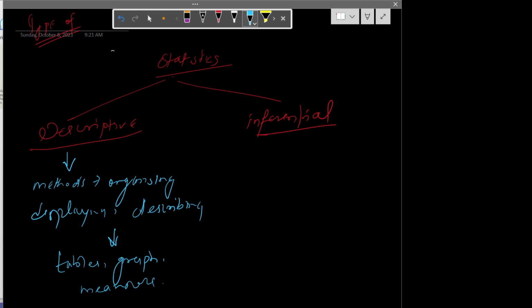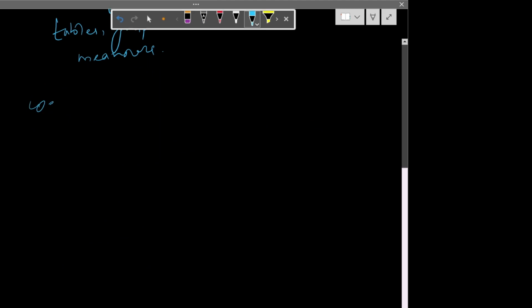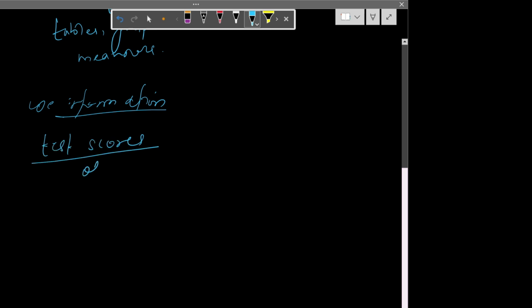So let's understand descriptive statistics with the help of a simple example. Suppose we have information about the test scores of students in a certain class.